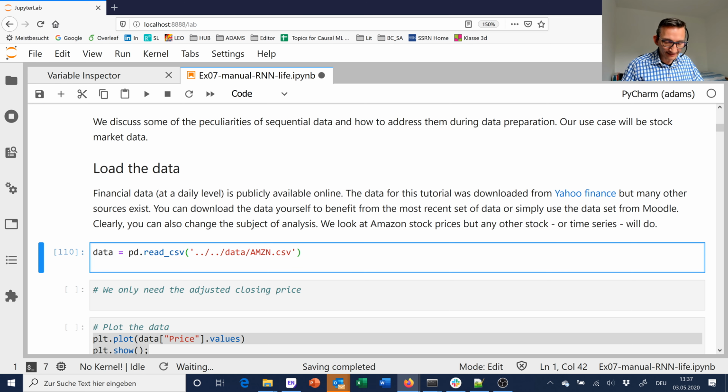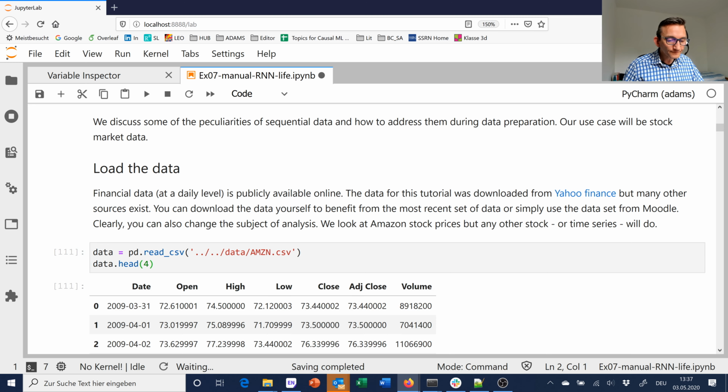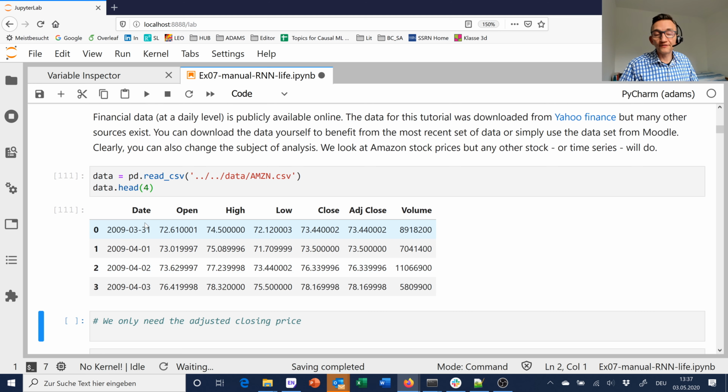And then let's have a quick look at our data. That's the standard format of daily stock data. We have a date column. We have open, high, low, and close prices and the adjusted close price. And typically we also have information on the trading volume.